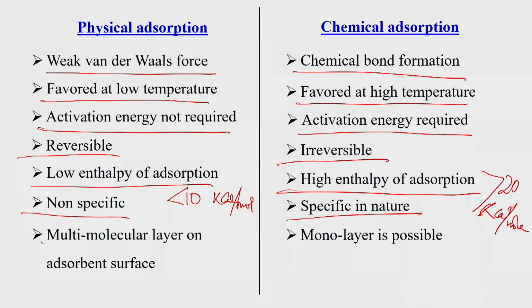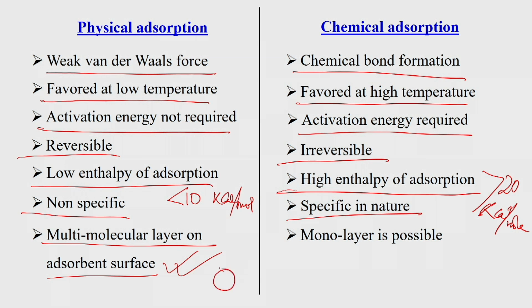Then a multi-molecular layer may be formed on the adsorbent surface, only due to the intermolecular force of attraction. When one layer of the adsorbate is formed, that layer will act as the new adsorbent for the rest of the molecules, so again the molecules will be stuck on the surface.